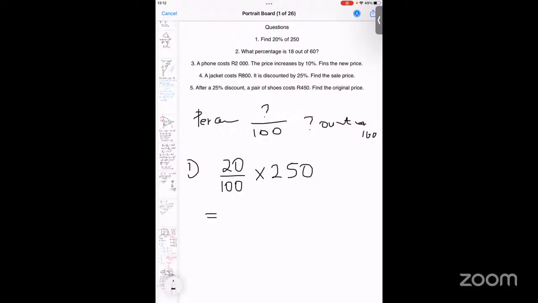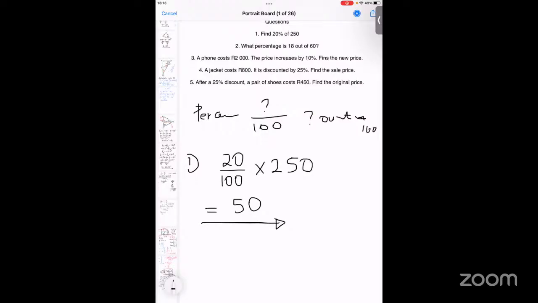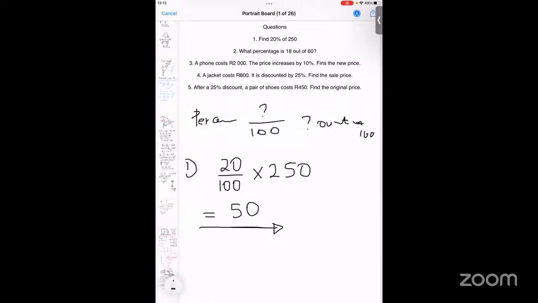That's how you know what is 20% of 250. You will say 20 percentage means out of 100 of that 250. And the answer that you get is 50, which means 20% of 250 is 50. That's how easy it is, that type of question.